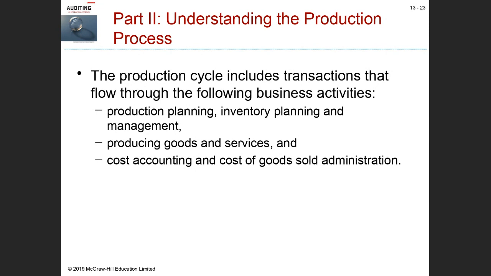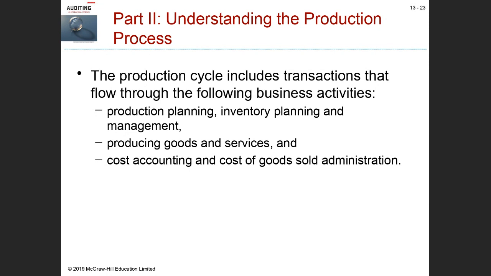So we're involved here with respect to accounting for all of the costs that are being incurred and essentially allocating those costs between various inventory accounts, raw materials inventory, work in process inventory, and finished goods inventory, and then of course also cost of goods sold.